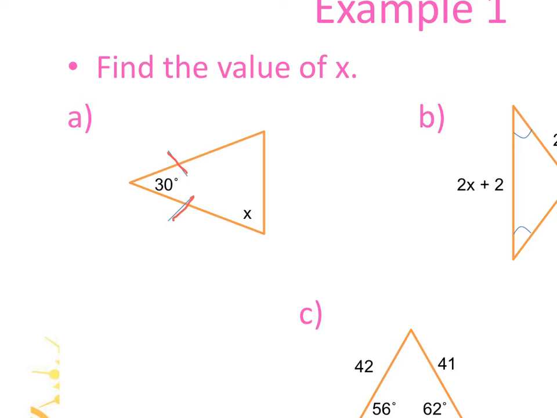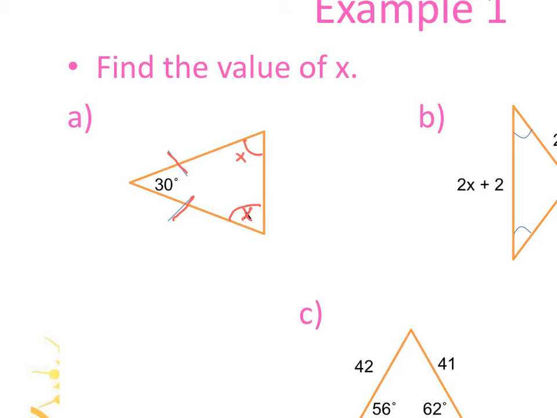I also can realize that if I have two congruent sides, then that tells me my two base angles are going to be congruent. I can apply my triangle sum theorem, and I can see that the three angles of the triangle are going to be adding up to 180 degrees. So if this angle is x, so is this one.